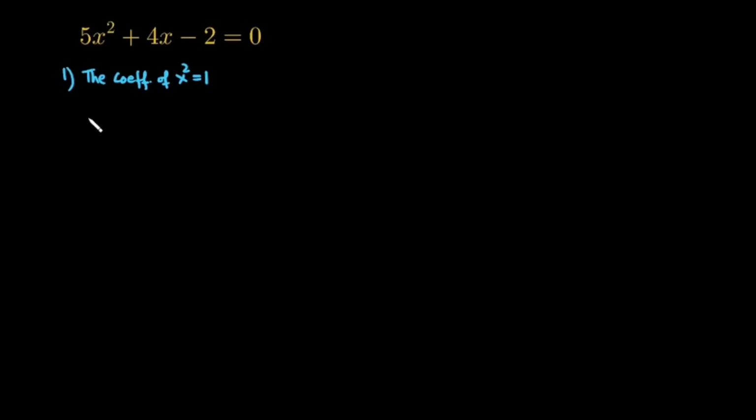So we are going to divide this whole equation by 5. So this is equal to x square plus 4 over 5 x minus 2 over 5 equal to 0. Step number 2, move the constant term to the other side of this equation.